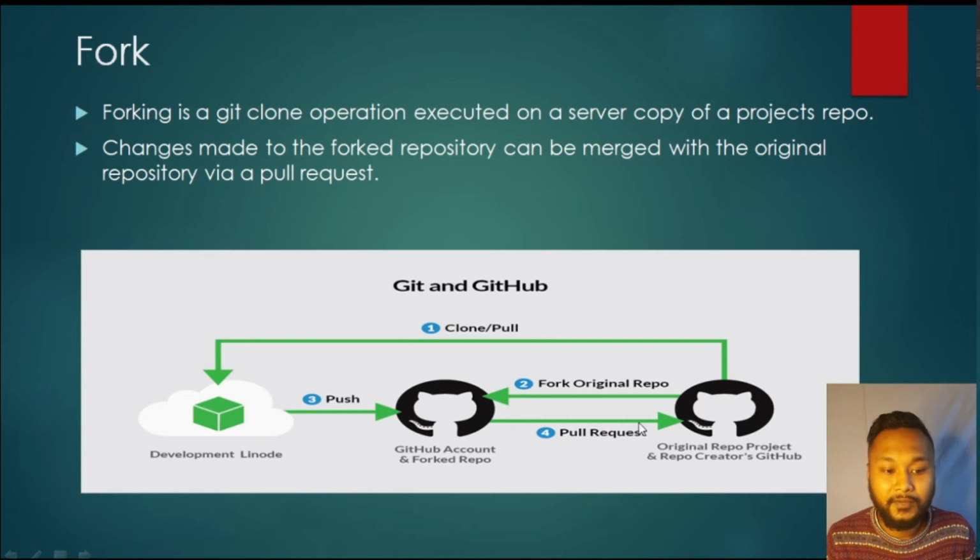Then you give a pull request to the creator, and he or she reviews the code, and if he or she likes the bug fixes and the alterations you made in the code, they might take your forked repository and merge it with their repository. So basically, cloning, pulling, pushing, forking, it's all clearer with this diagram and the flow in it.